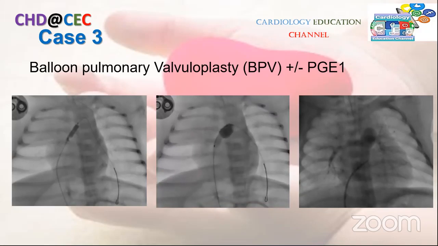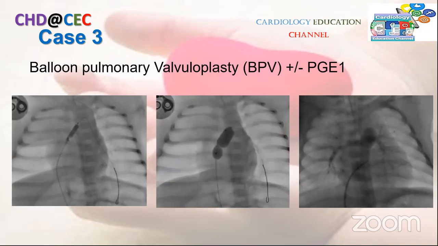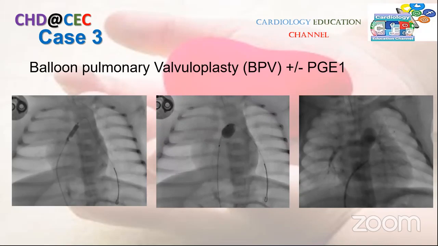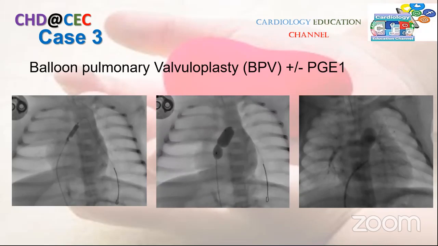When you have another association like a double chambered RV with the valvular PS, or a severe muscle band causing infundibular and valvular PS, or sometimes a valvular and supravalvular pulmonary stenosis with the main pulmonary artery being tube-like, we don't have the luxury of intervention for those babies, unfortunately. Thank you, Khaled.